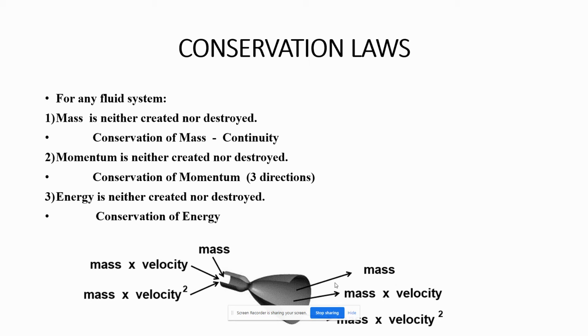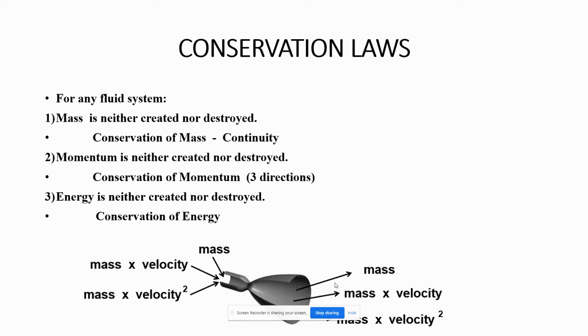This is given by the continuity equation. And the second one is the momentum equation. What the momentum equation tells is that momentum can neither be created nor be destroyed.